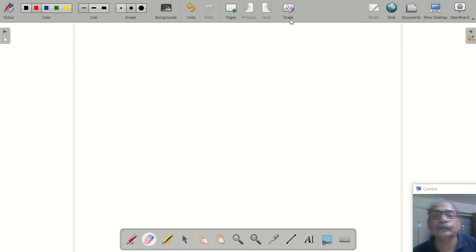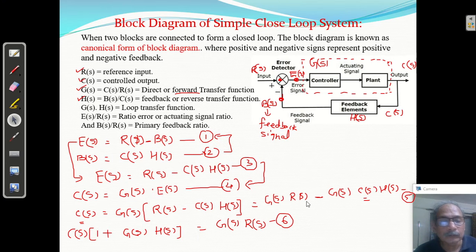Now from equation 6, what is the transfer function? We know the transfer function of a closed loop system is output upon input in the S domain.